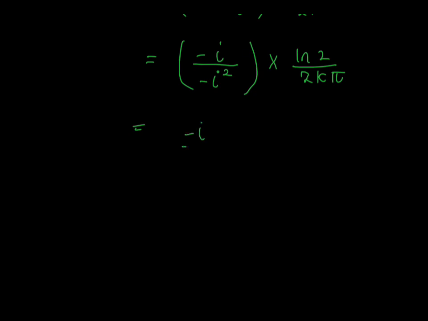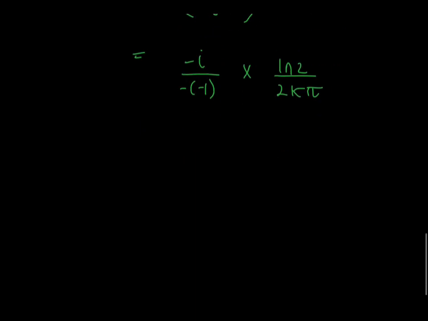Therefore, i squared is just -1. So -1 times negative is just 1 divided by negative i, which is just i.